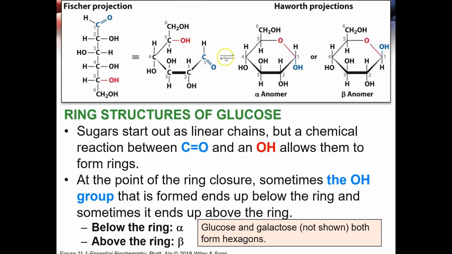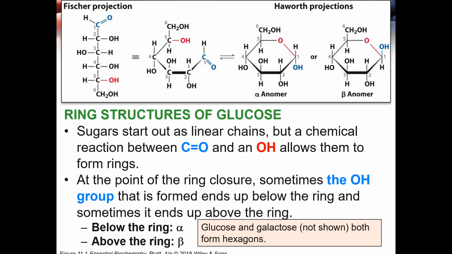Now, depending on how that reaction takes place, this OH group at carbon number 1, where I closed the ring, could end up below the plane of this ring or could end up above. If the OH ends up below the plane of the ring, we call that alpha. And if the OH ends up above the plane of the ring, we call that beta.